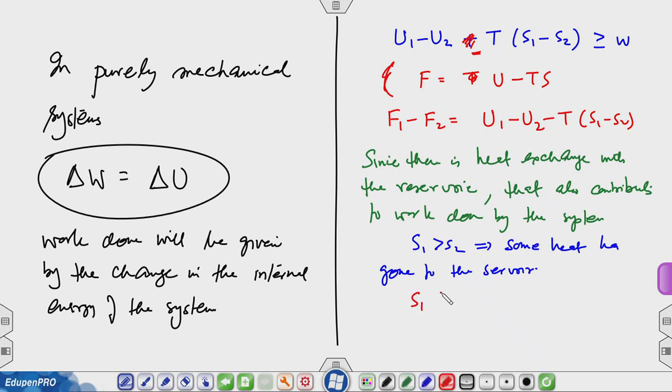And if S1 is less than S2, this will imply some heat has entered the system from the reservoir, and that will contribute to more work. So in a thermodynamic system, the entropy change takes care of that heat exchange also. So it's the energy difference plus the heat that it is getting from or giving to the reservoir that determines the work done by the system.